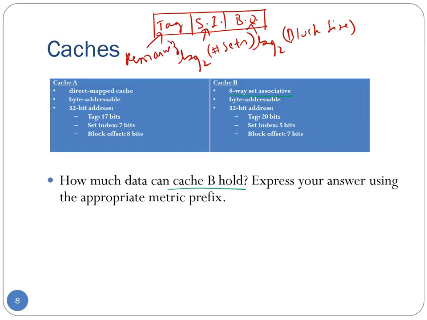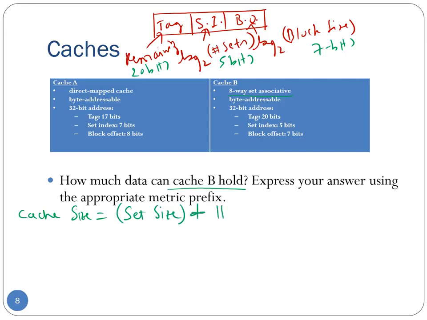The question here says there are 7 bits in the block offset, 5 bits in the set index, and the tag has 20 bits. So the cache size in this case would be set size multiplied by number of sets.